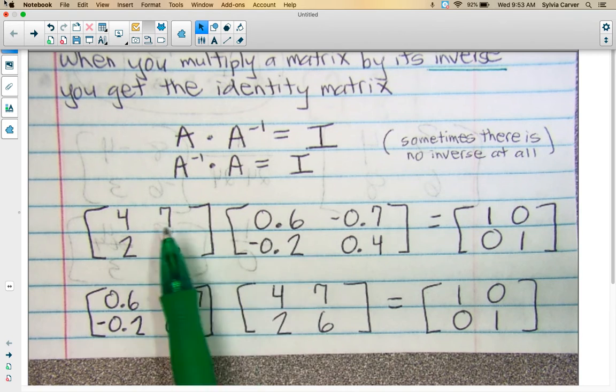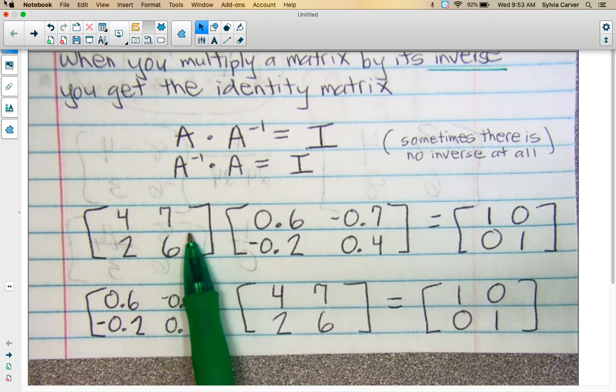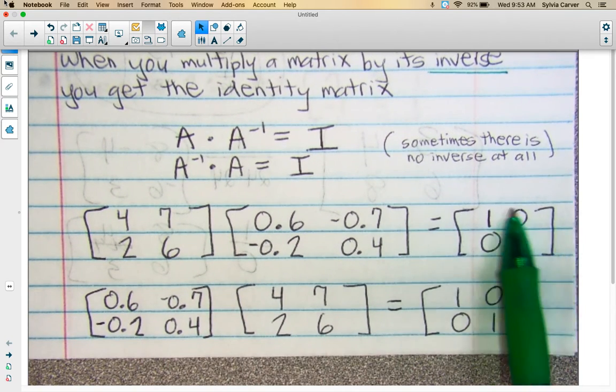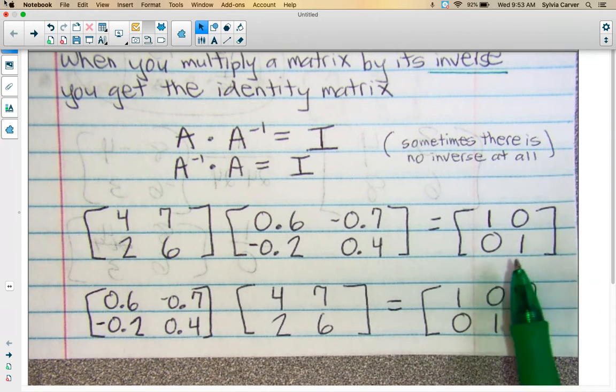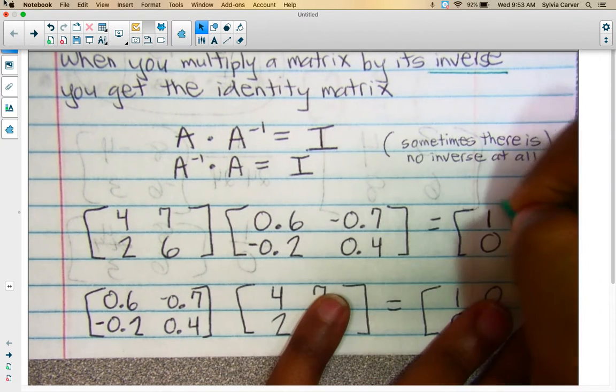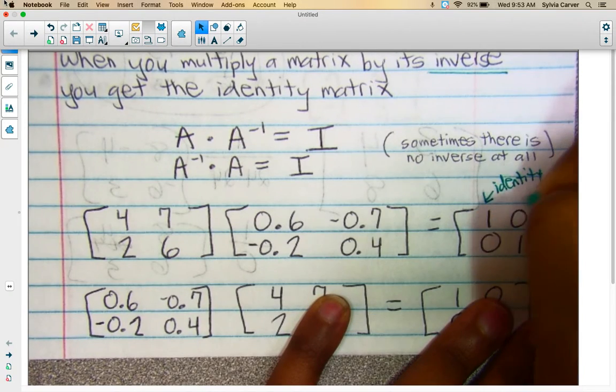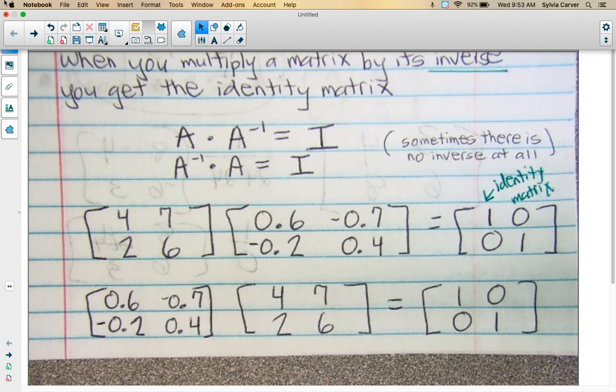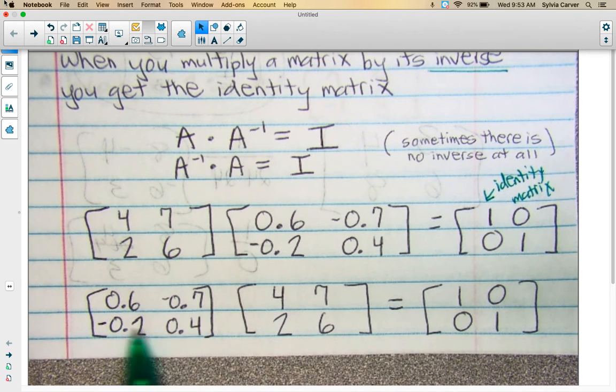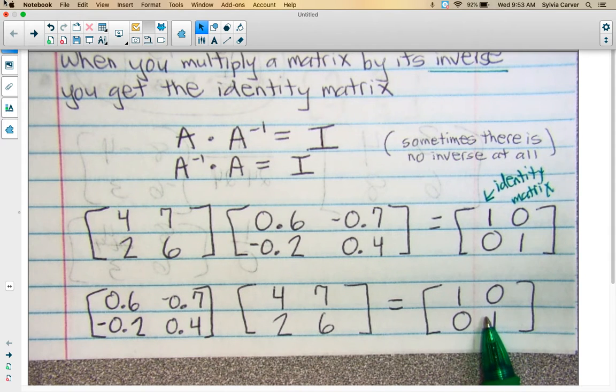If we were to multiply these two matrices out, like we learned last week, we would get a matrix that looks like this. This matrix is called the identity matrix. And I can go the opposite direction: take the inverse, multiply by the regular matrix, and still get the identity matrix.